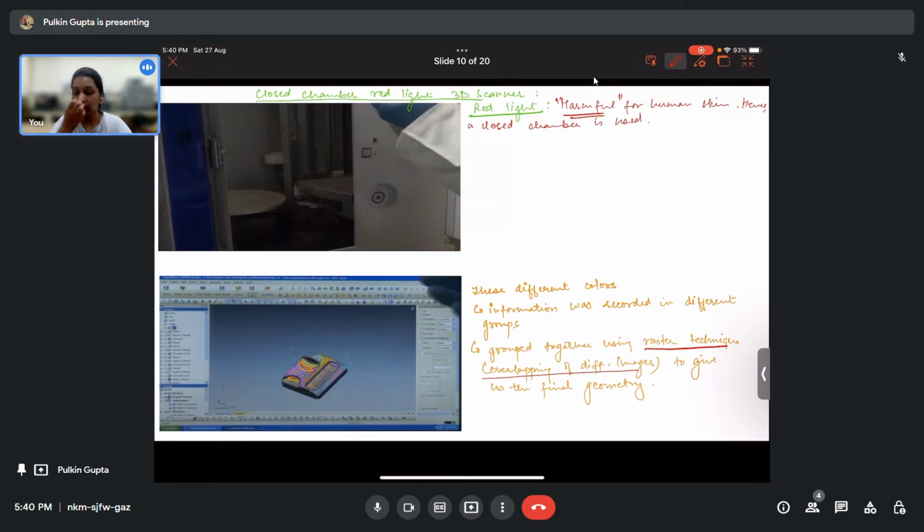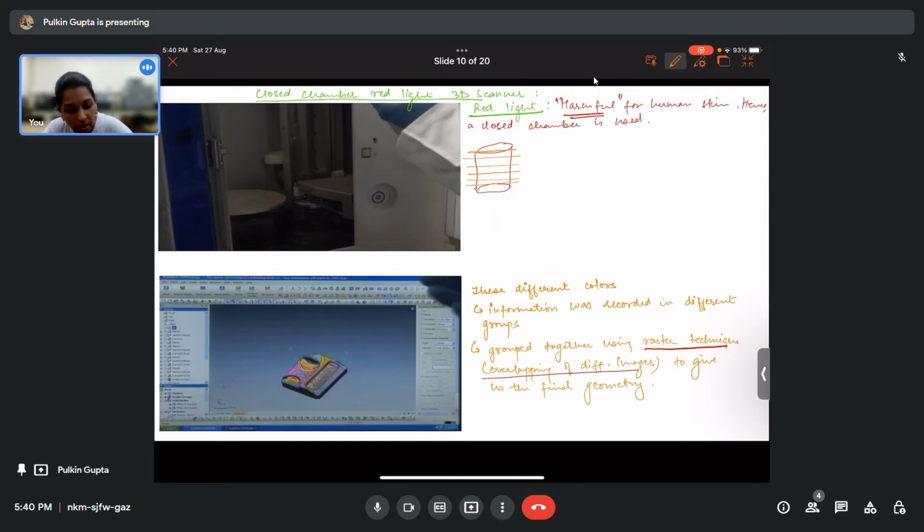Now what this particular type of scanner does is, suppose you have a cylinder and you want to scan it. It will slice this cylinder into different parts.